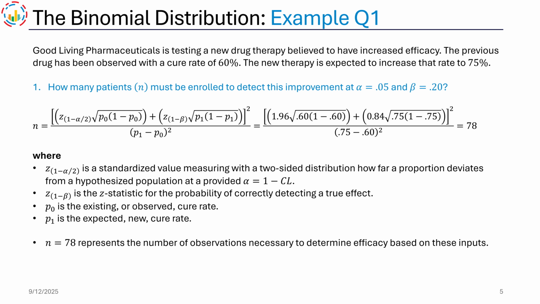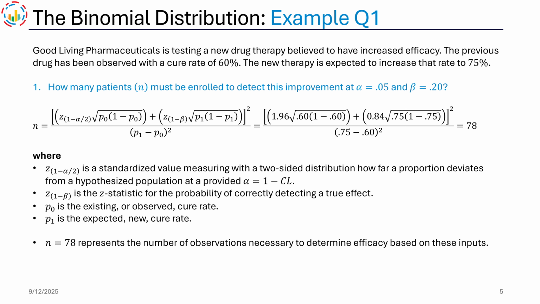For the first question, the number of patients n that must be enrolled in the trials is calculated. This is calculated using two standard terms for clinical trials known as alpha and beta. The problem has provided standard terms of a significance level of alpha equals 0.05, which is calculated as 1 minus a confidence level of 95%.